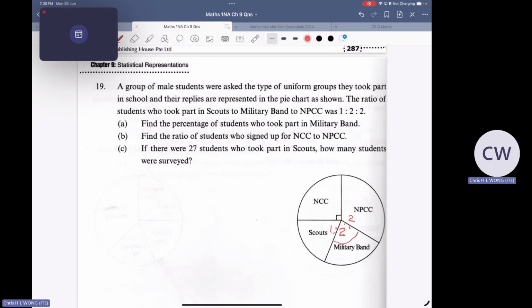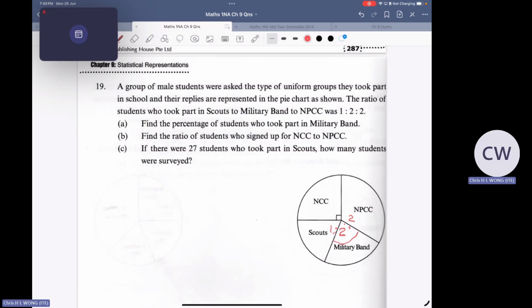The clue here, there's something that sometimes we need to remember. If you give me 90 degree, the 90 degree represents 1/4 of the circle. Am I right? If we are talking about degree, 90 degree is 1/4. If you are talking about percentage, 25%.